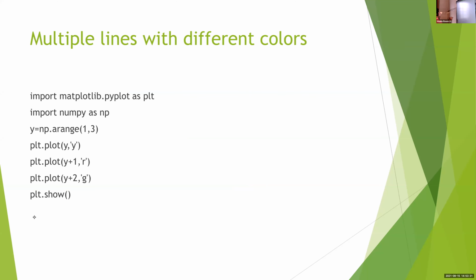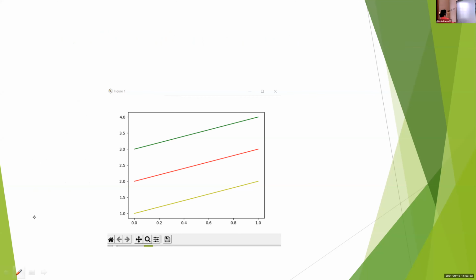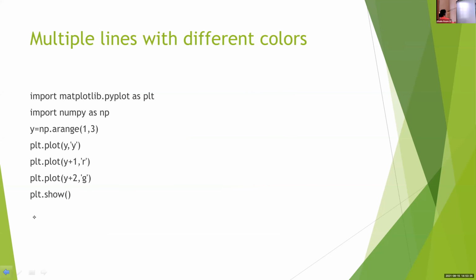So plot using x value and y value. plt.plot, the x value is x itself, then the first y value is 1.5 into x.